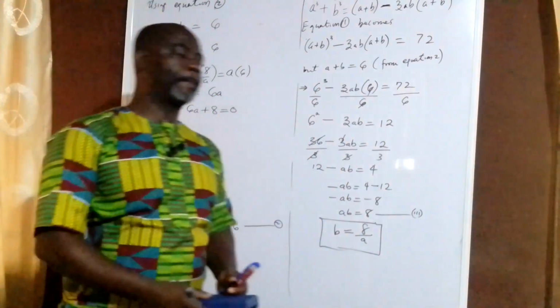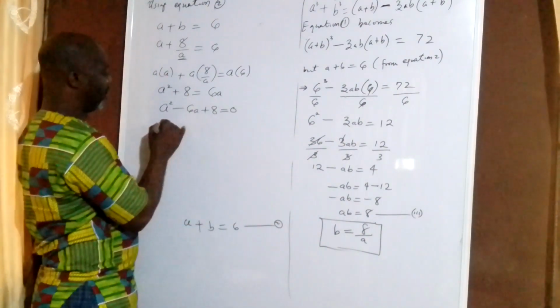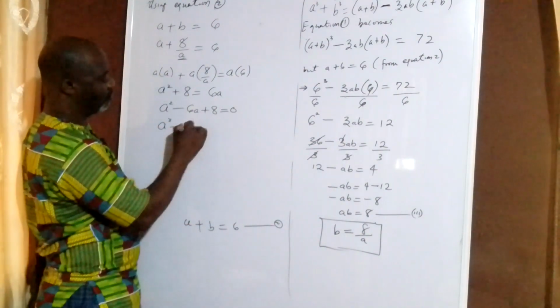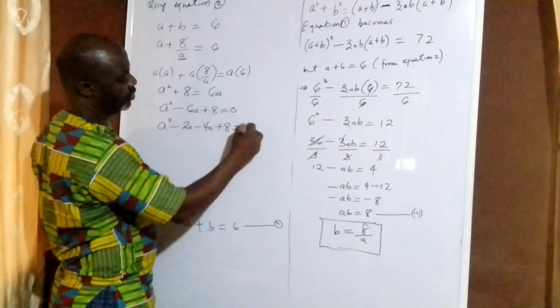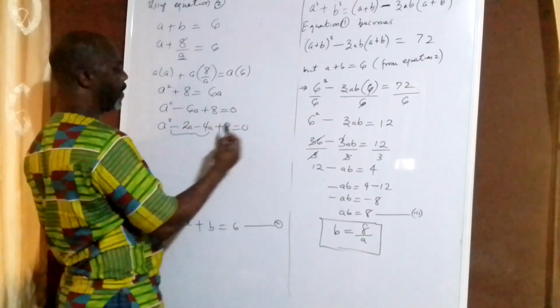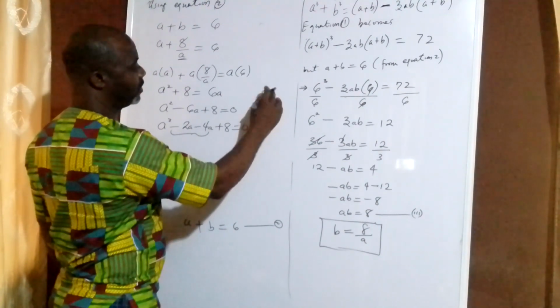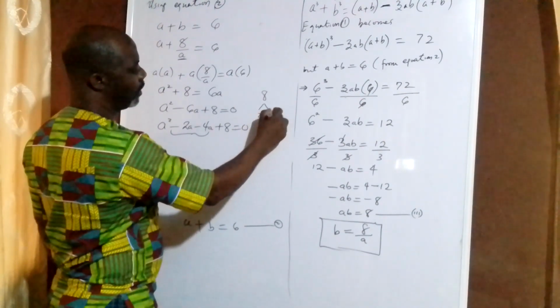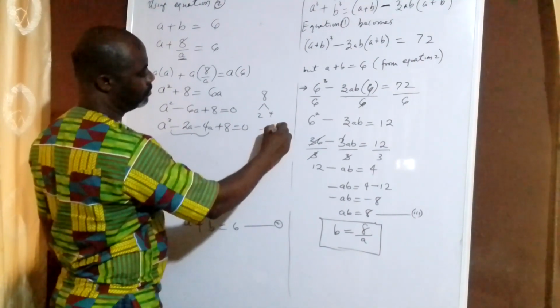Let's solve for a. From here, a squared minus 2a minus 4a plus 8 is equal to 0. How did I get this? It's easy. Just find 2 factors of 8. They are 2 and 4, and then it could also be minus 2 and minus 4.